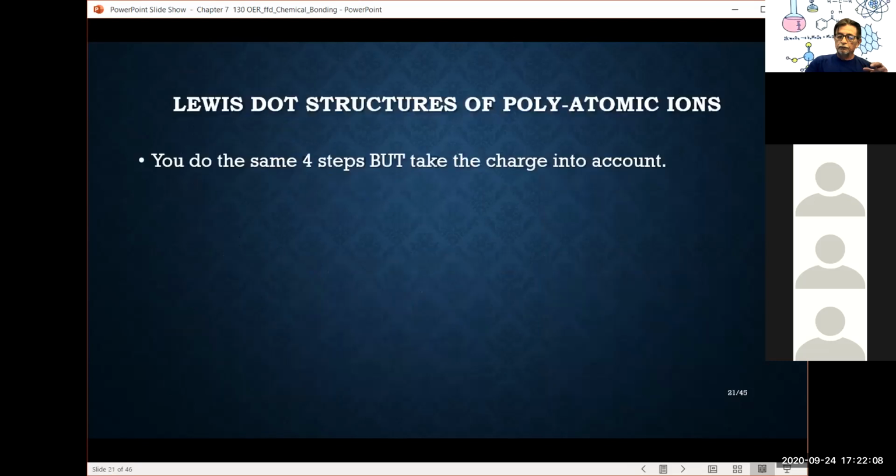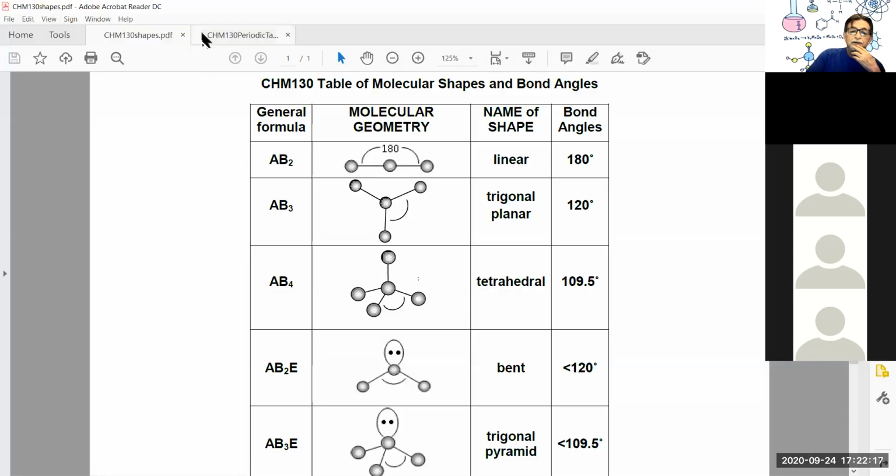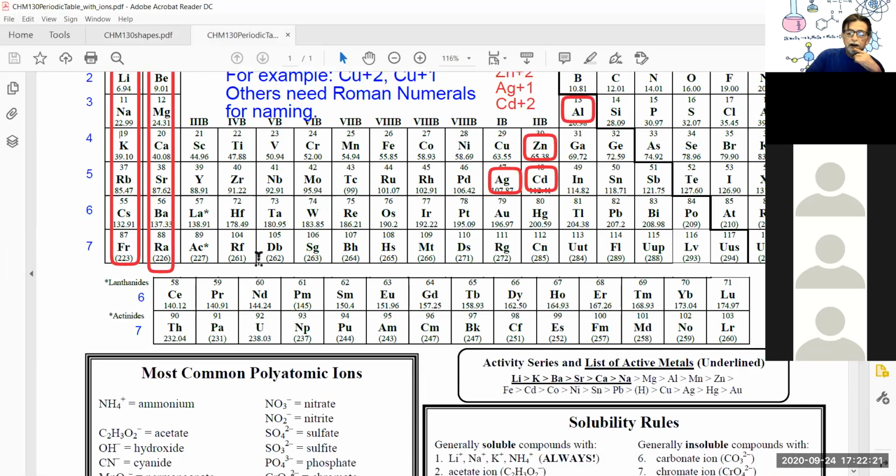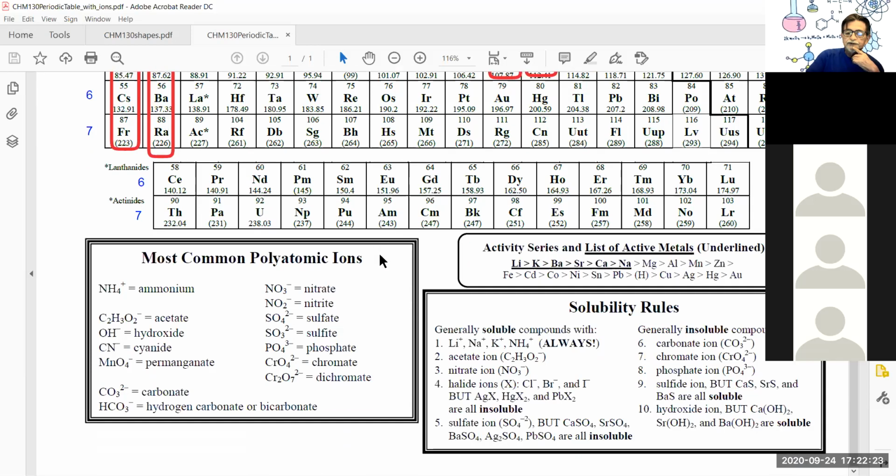Now, polyatomic ions. Well, let me direct you back to the periodic table. I use that quite a bit. On the periodic table, far left side, you see a table of the most common polyatomic ions that we work with.